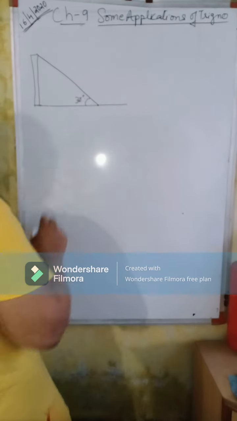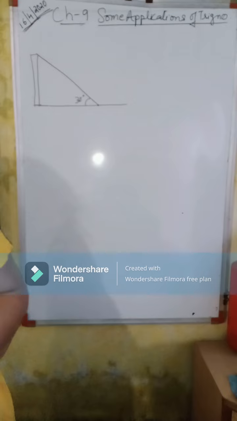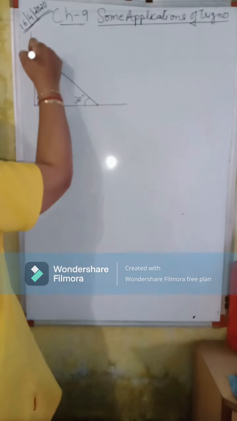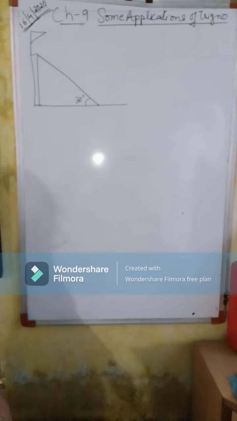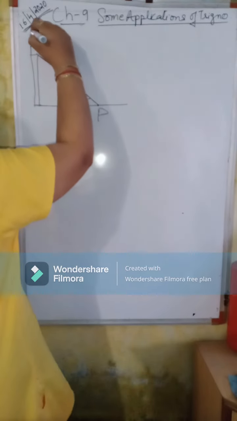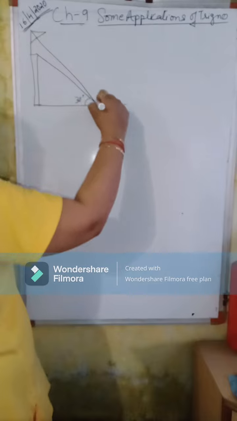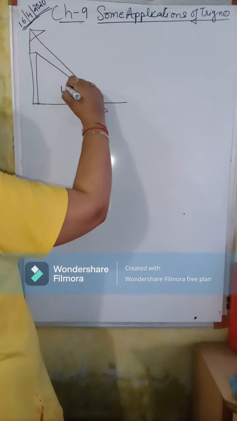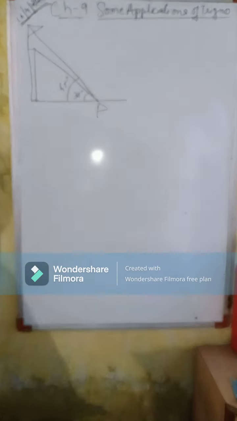Now a flag is hoisted at the top of the building. Here is the flag, and the angle of elevation of the top of the flag staff from P is 45 degrees.